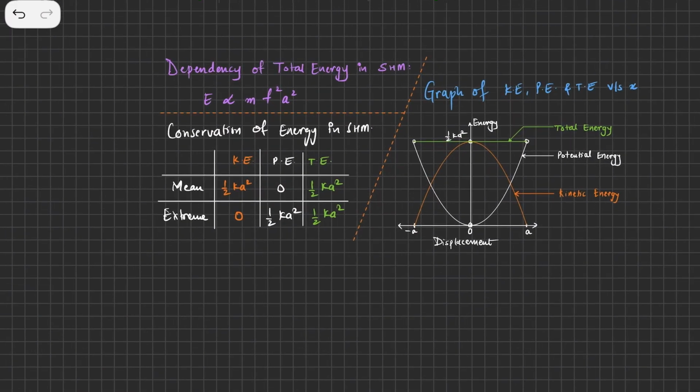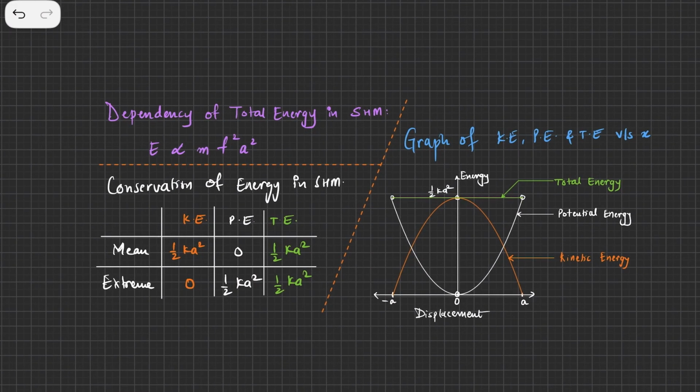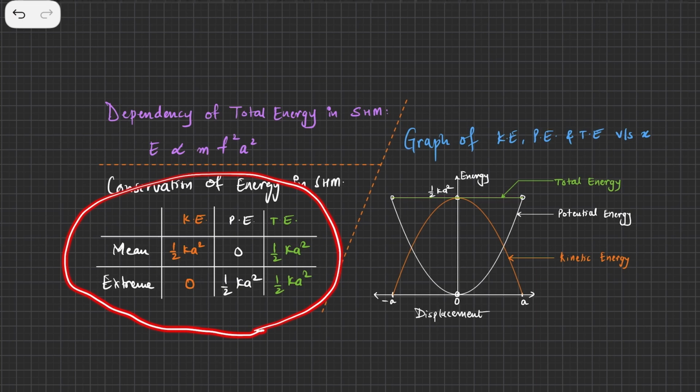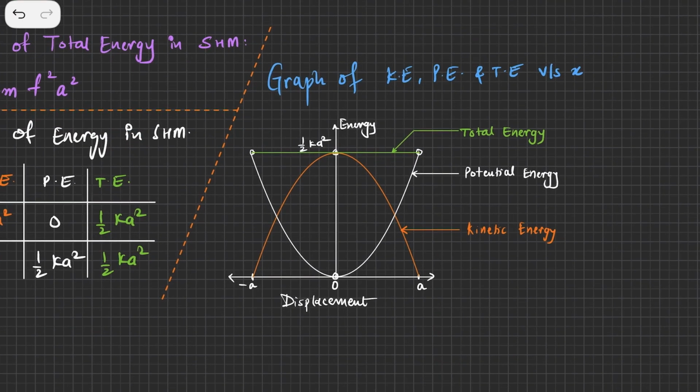I have summarized this on this screen. You can take a screenshot as well. The dependency is on mass, frequency and amplitude, square of amplitude and power of 1 of mass, and kinetic energy, where it is 0, where it is maximum, how much it is, and the graph looks something like this.